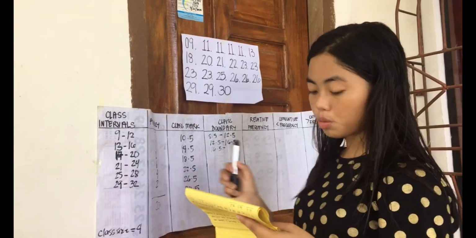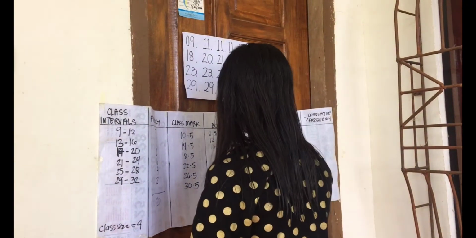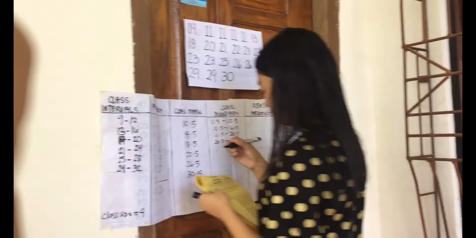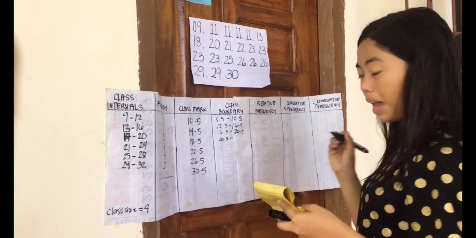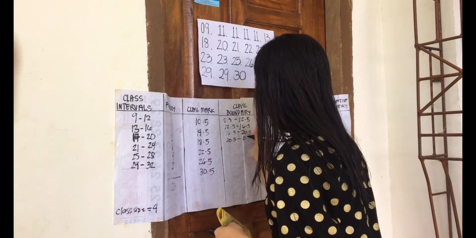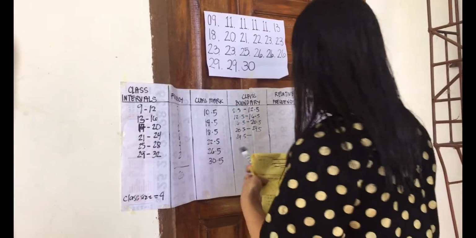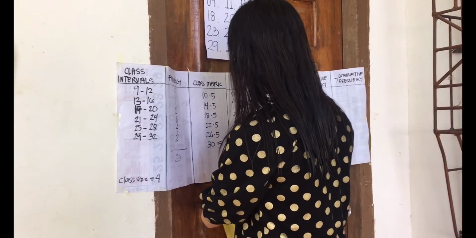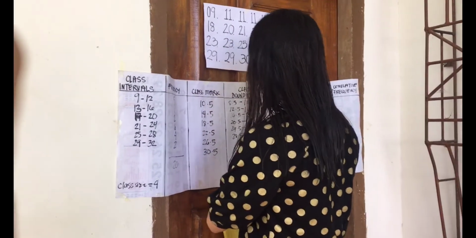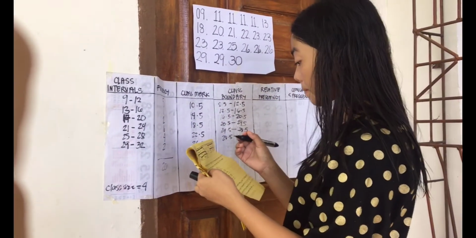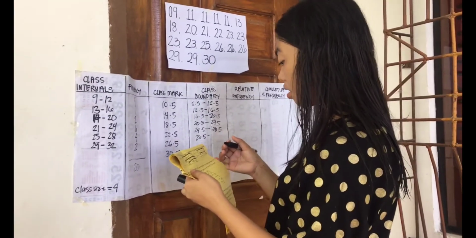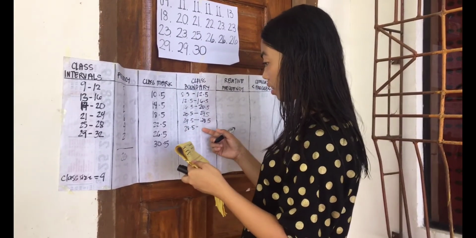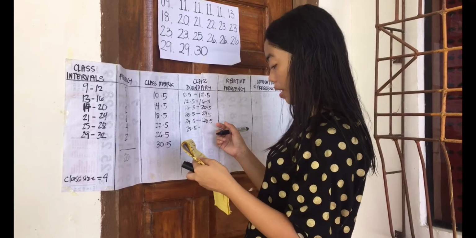Then 21 minus 0.5 is equal to 20.5. 24 plus 0.5 is equal to 24.5. 28 plus 0.5 equals 28.5, and so on. 29 minus 0.5 equals 28.5, and 32 plus 0.5 equals 32.5.